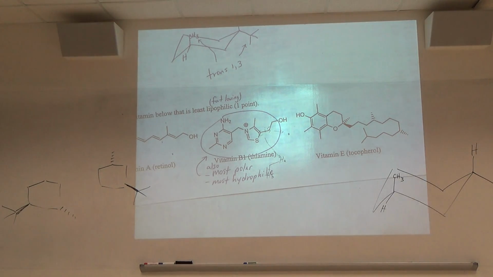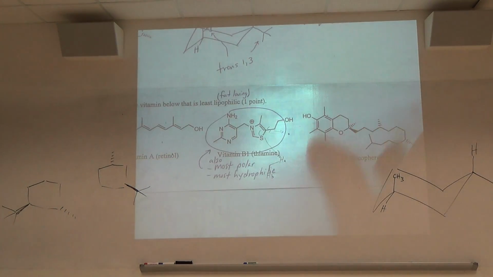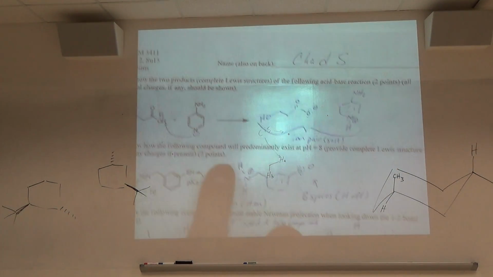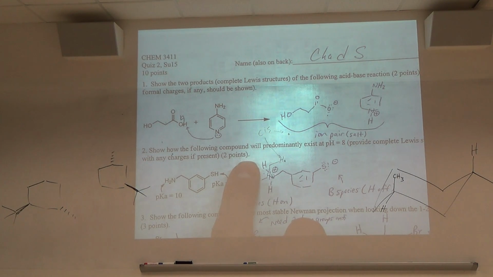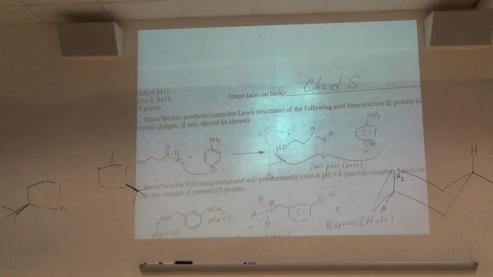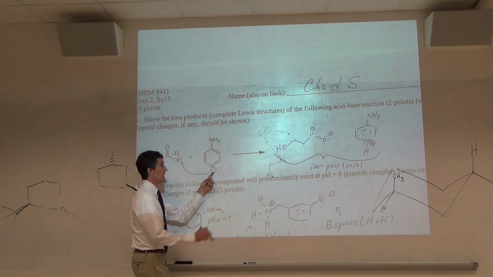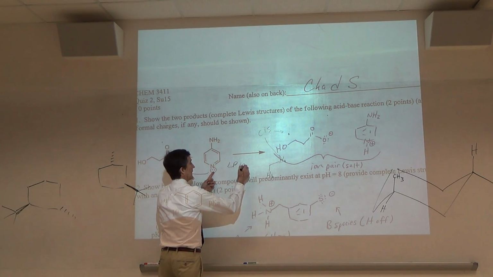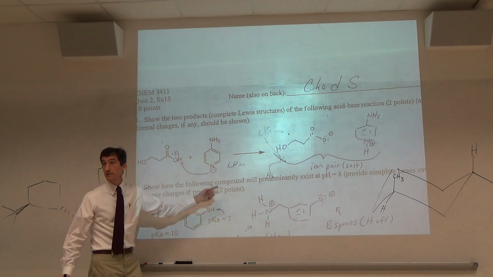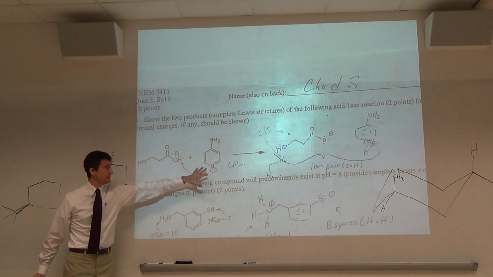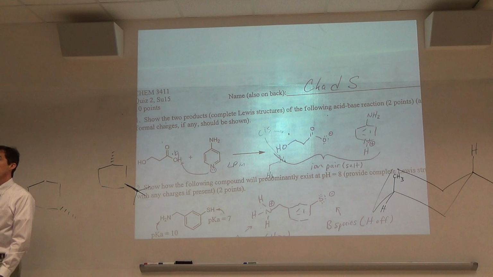That's it. Okay? I have a question on the first one again, for the bottom N. Why is that the most basic? Because I thought that lone pair was in a P orbital. What type of orbital is this lone pair in? That there? No. Everybody graph that nitrogen. Hybridization, very simple.